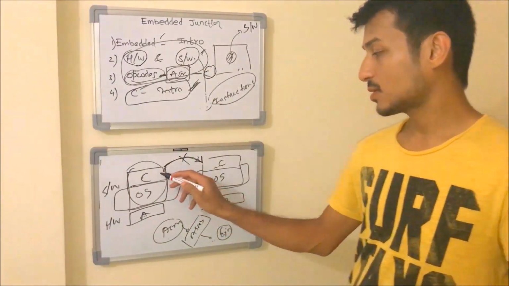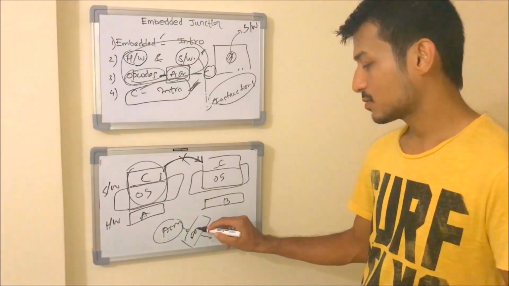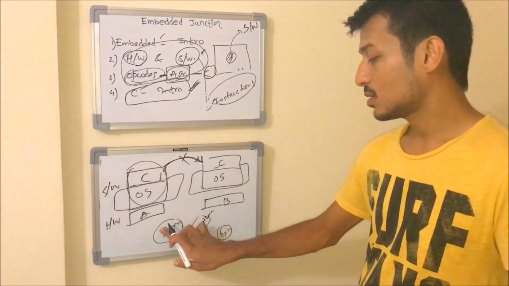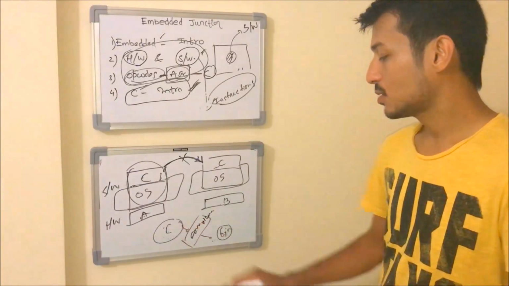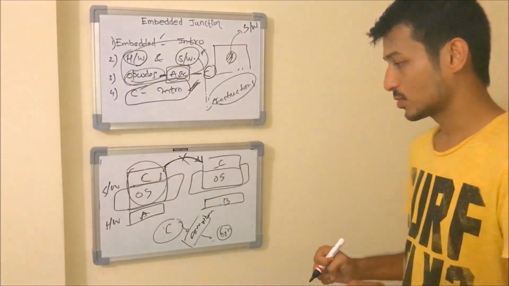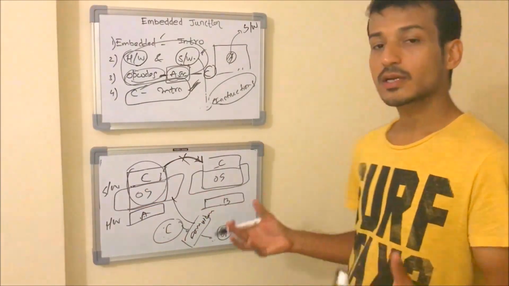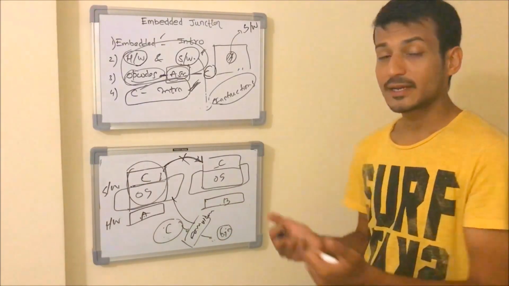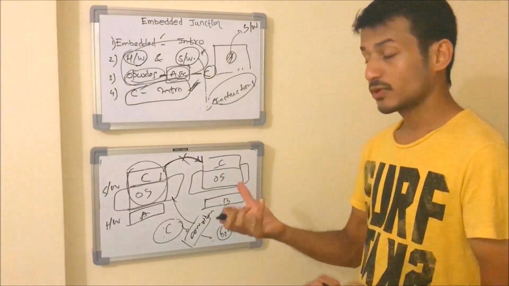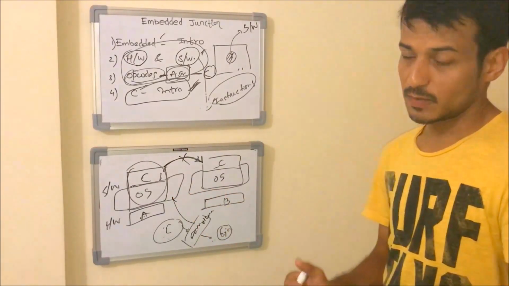Similarly, if you have written code in C, you need a compiler to convert it into the machine level language code. And every OS has one compiler. Linux has its own compiler. Windows has its own compiler. So there is a dependency on operating system now.